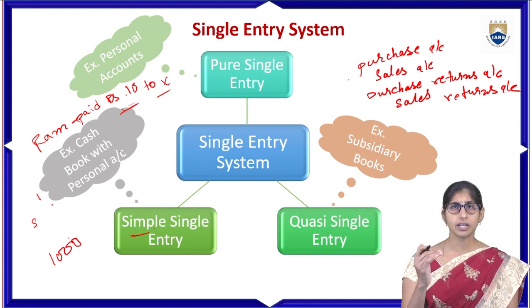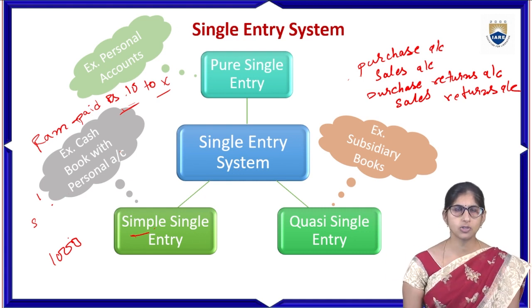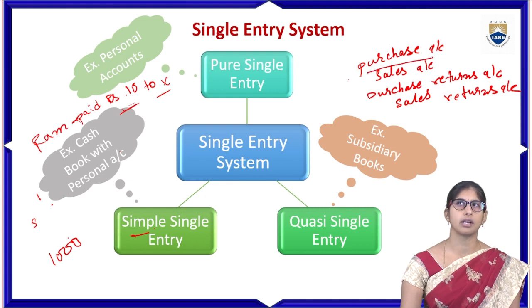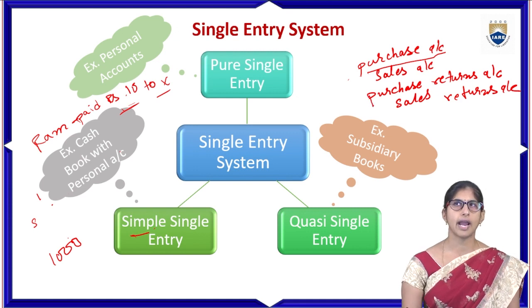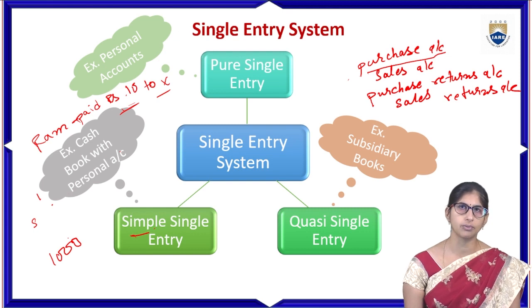So here, we buy so many goods, right? What are all the purchases we have made has to be recorded under purchases account. And coming to purchase returns, we purchase so many goods and we may find that some items are defective.